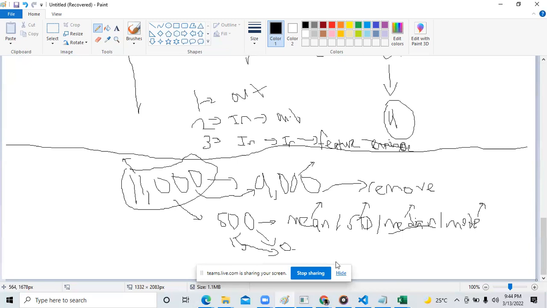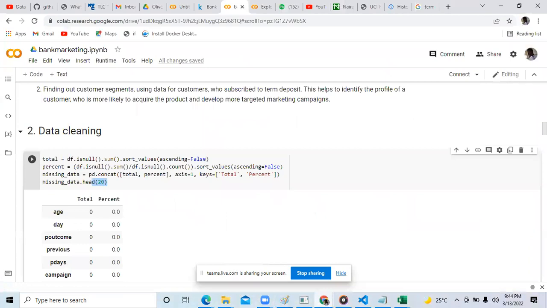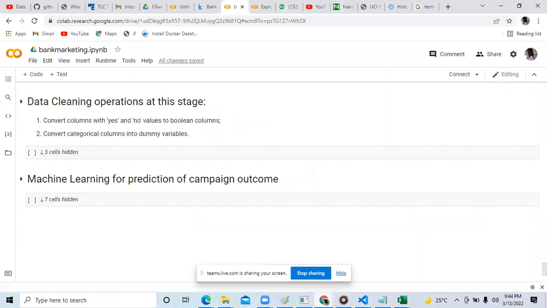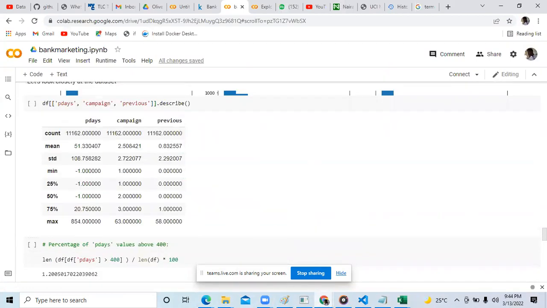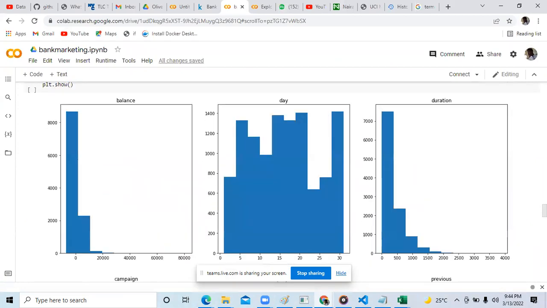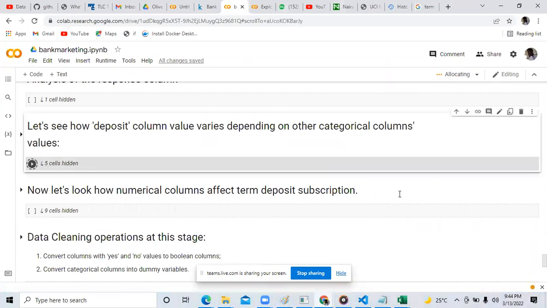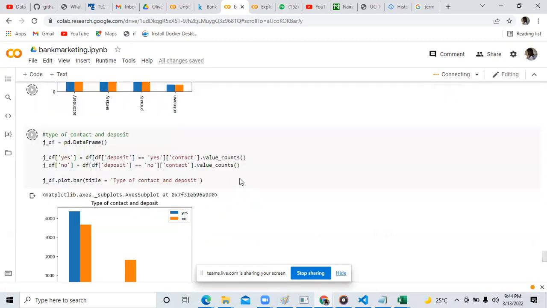So, for example, let me show you something. At the end of this notebook, we use machine learning to find our most important features.